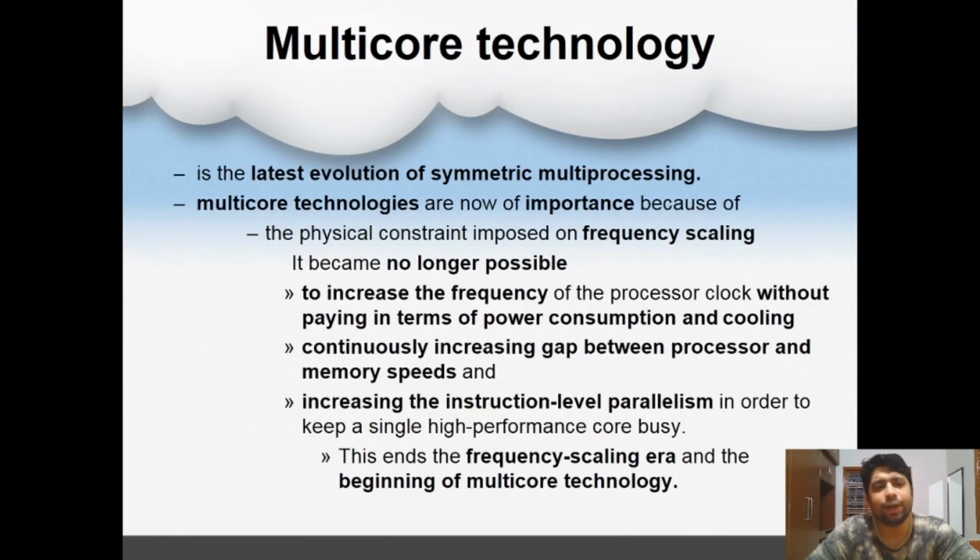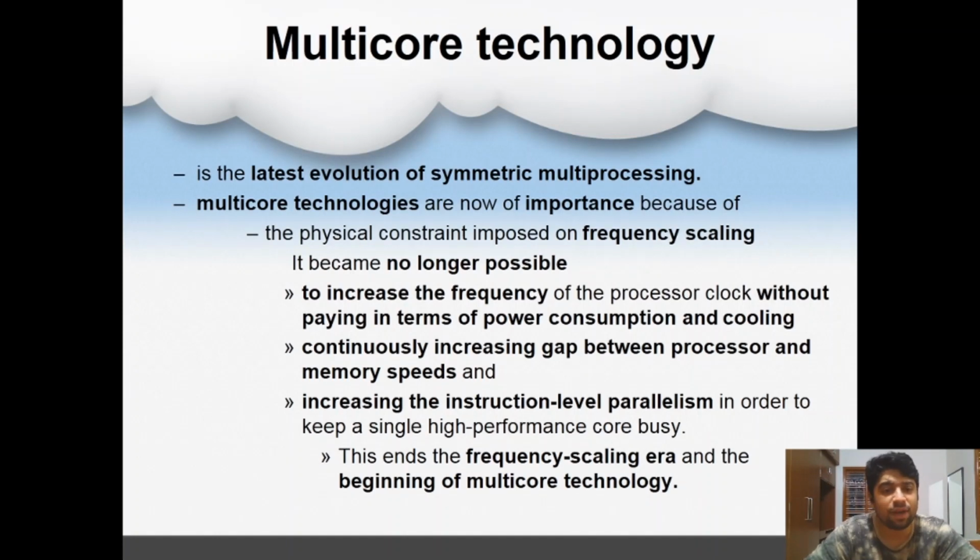Now, multi-core technology is the latest evolution of symmetric multiprocessing. Multi-core technologies are now important because of the physical constraints imposed on frequency scaling. Earlier, they used the concept of frequency scaling. Now, after multi-core technology has come, nobody is using frequency scaling. It is no longer possible to increase the frequency of the processor clock without paying in terms of power consumption and cooling.